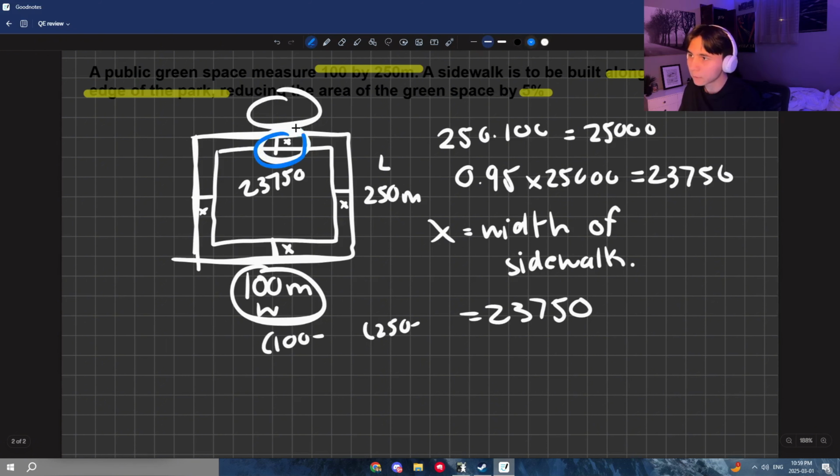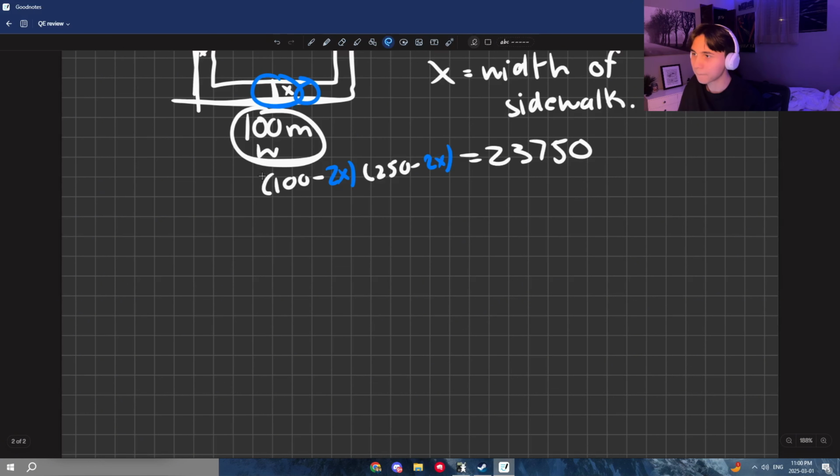So we have 100 minus 2x, since there are two sides, and we have 250 minus 2x, since there are two sides. And what this represents is our new length times our new width, which gives us our new area. Basically, we're subtracting 2 times the width of the sidewalk from each of our lengths to give us our new area.